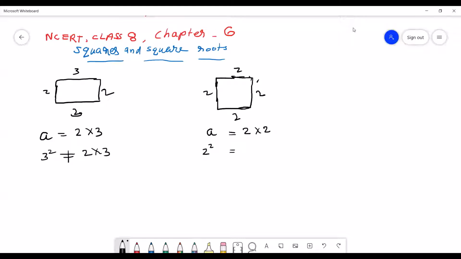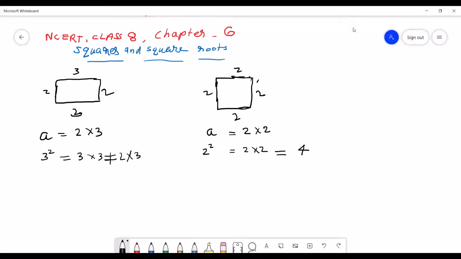Here I am multiplying 2 into 2, and that is equal to 4. 3 into 3 is not equal to 2 into 3. So in the first case, the square is not satisfying the geometrical shape. But in the second case, the square is satisfying the geometrical shape.